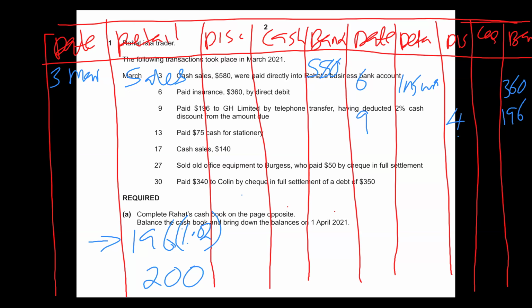That will give you the actual amount before the discount. Then deduct the actual money they paid from the amount due. It will give you the discount in figures.